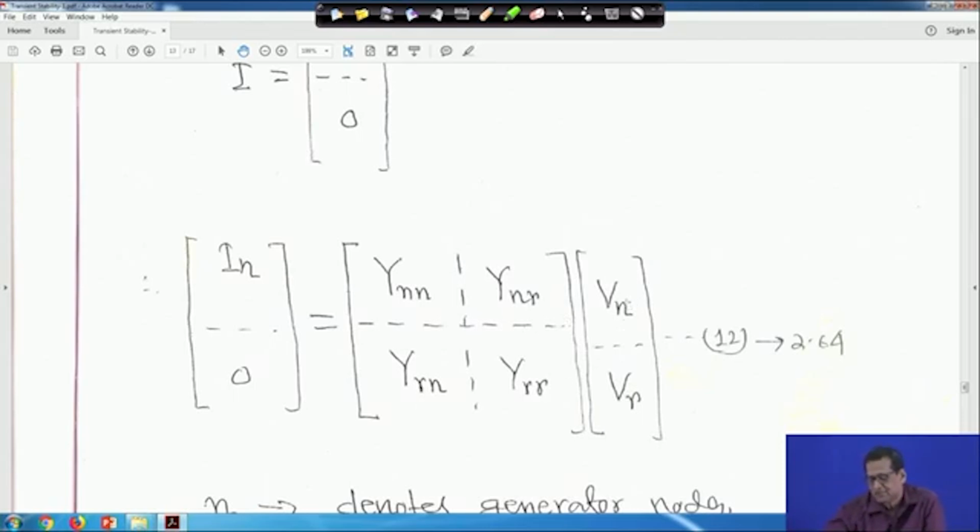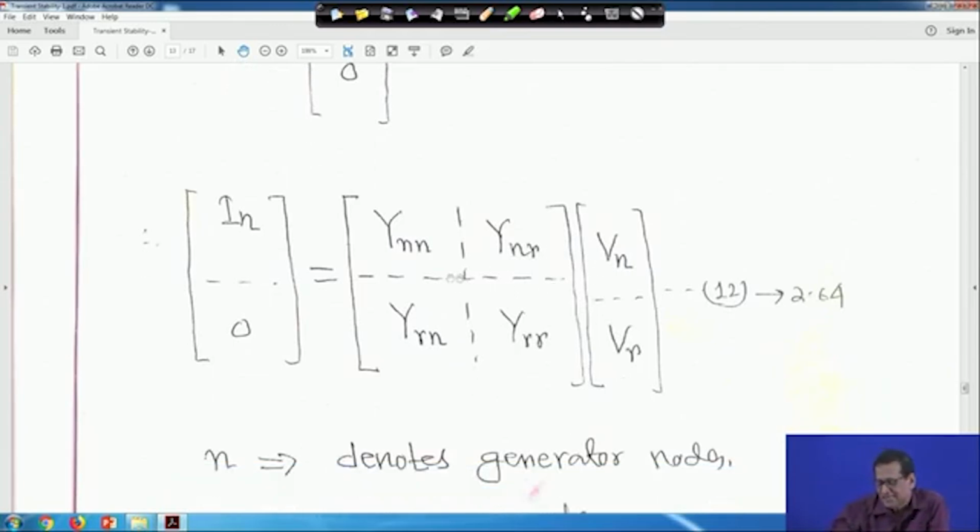V n, as I told you, is for the n generators, so V 1, V 2, up to V n, and the rest are all the load buses, up to V r. In figure 1 we took 1 up to r buses, the load buses. So this is equation 12. This way you partition the Y matrix, and this is V n, this is V r.